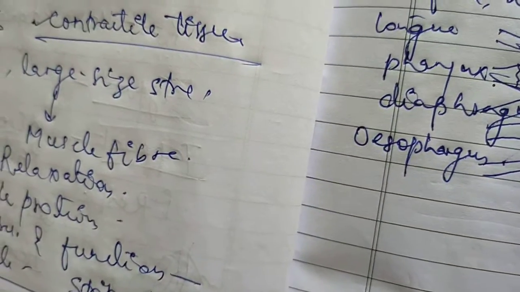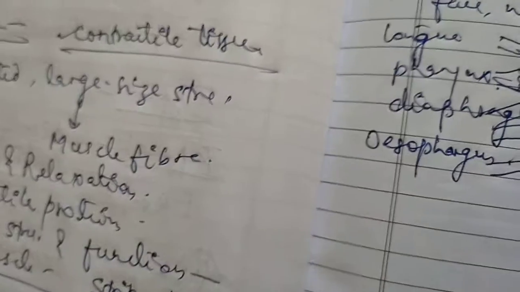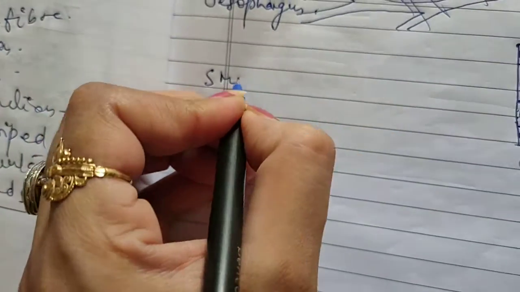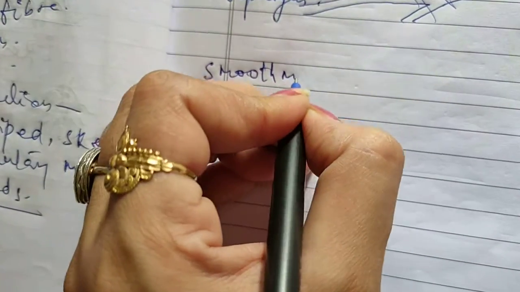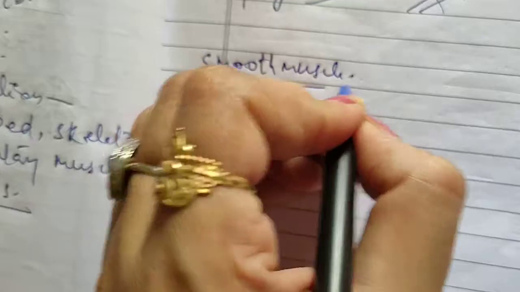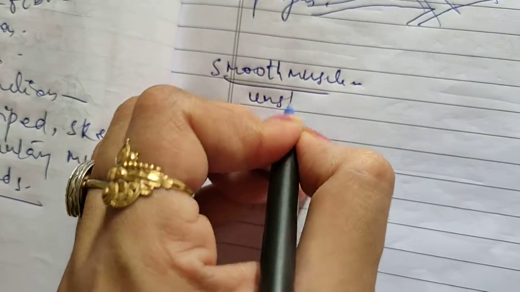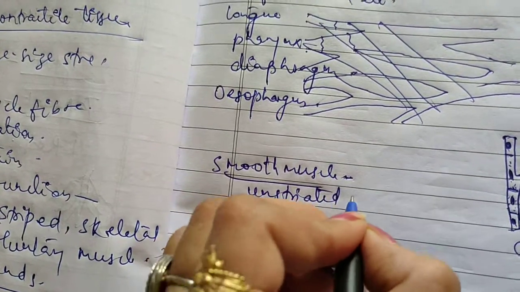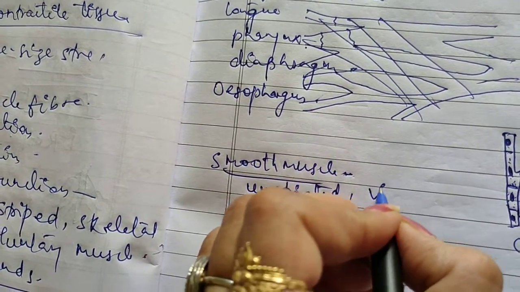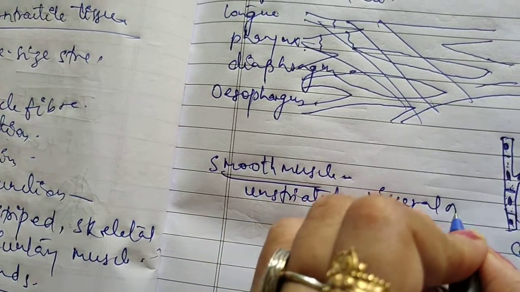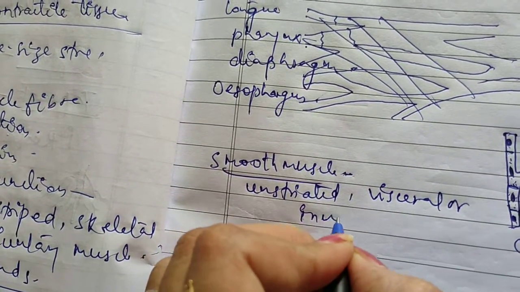So next is the smooth muscles. Smooth muscles are also known as unstriated or visceral or involuntary.